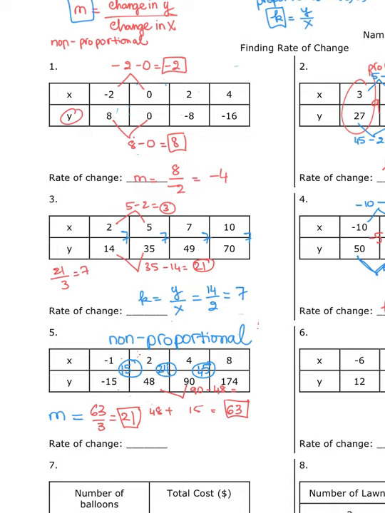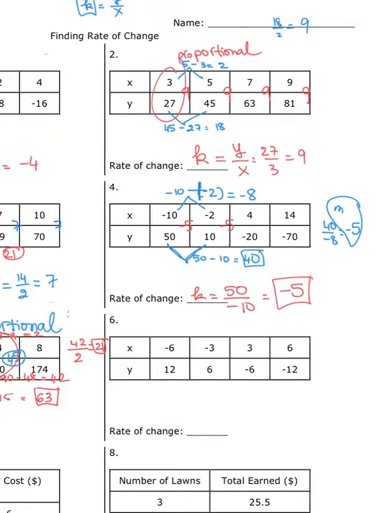So 90 take away 48, I got 42. 4 minus 2, I got 2. Of course, positive is always easier. And I do 42 over 2, change in y over change in x, I got 21. So 21 is my rate of change. It doesn't matter what point you pick, but I prefer you pick positive numbers, these two, instead of the one that I worked with you at the beginning.